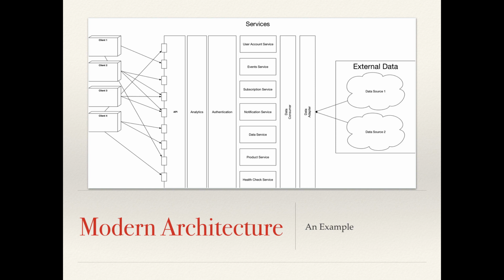And then going over to the right, we have a list of all of our services, such as the user account service, which handles some of our account work for our users, such as account creation, maybe registration. We have the event service, which handles some of the events that come in and out of our system. Subscription service, maybe you want to have some of your users subscribe to your application. We have a notification service.